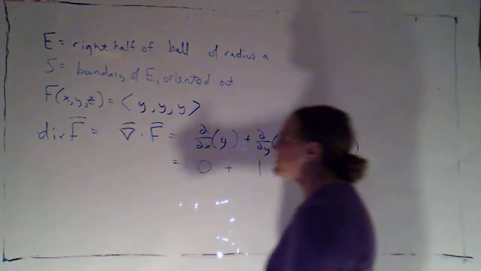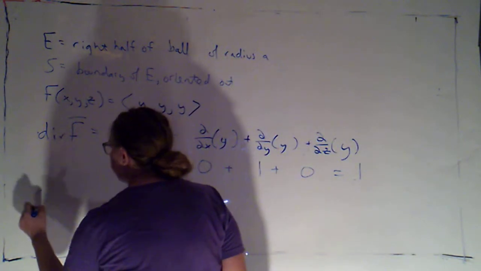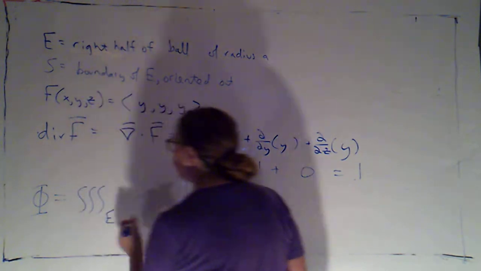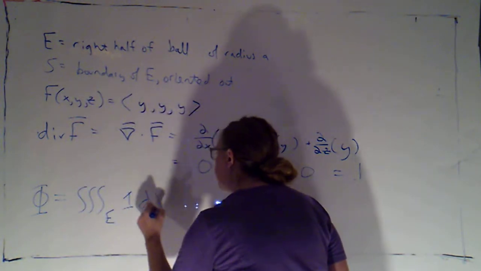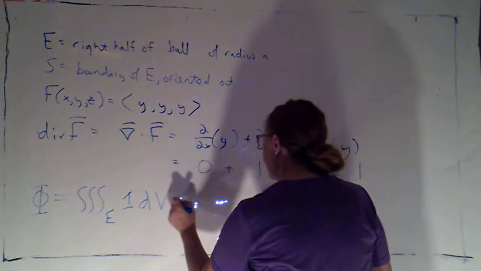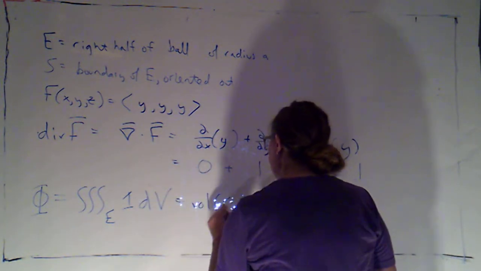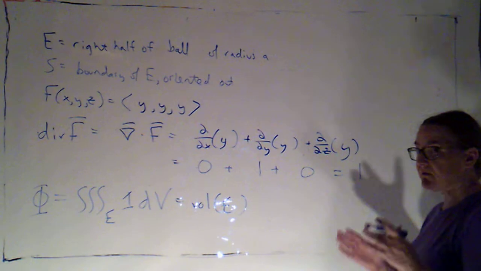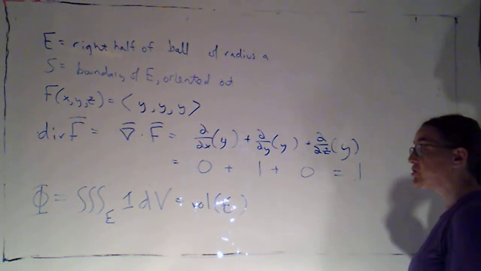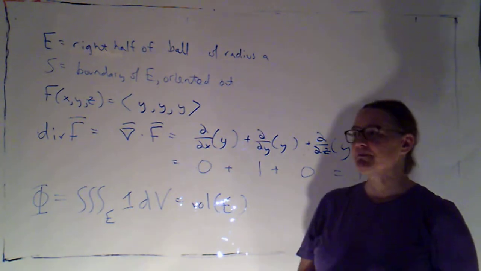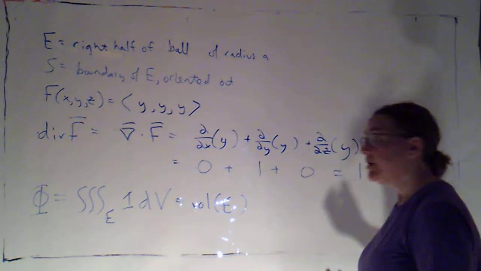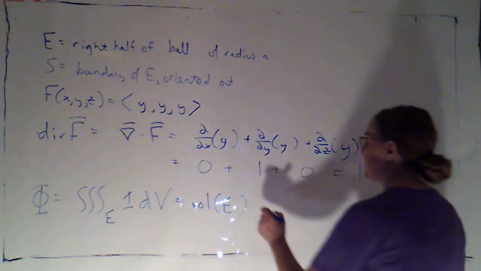So I can say the flux is, by the divergence theorem, the triple integral over E of 1 dV. But if I'm integrating 1, that's just going to be the volume of E. And remember, if the volume of a sphere shows up in the context of a larger problem, and I didn't explicitly say calculate this volume by evaluating an integral, you can just use the geometric formula.